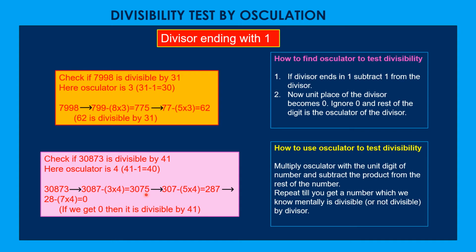Again, you multiply the unit digit 5 with the osculator 4, and you subtract from the rest of the digits, that is 307. So 307 minus 5 times 4 is 20. So you get 287. Again, multiply the unit digit 7 with the osculator, 7 times 4, and subtract from 28, you get 0. If we get 0, then it is divisible by 41.